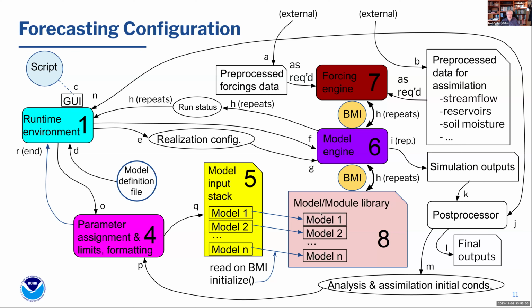Those models read their inputs from the model input stack. And simulation outputs are written. And then there could be a post-processor to produce final outputs. And those would be used in satisfying NOAA's mission. So that's an example of the forecasting configuration of the NextGen framework.